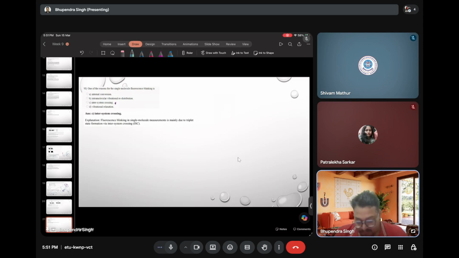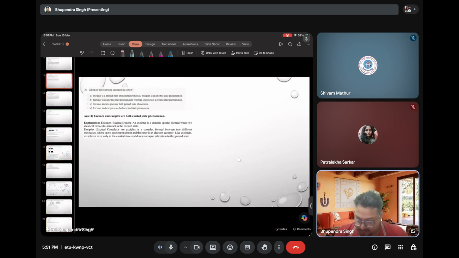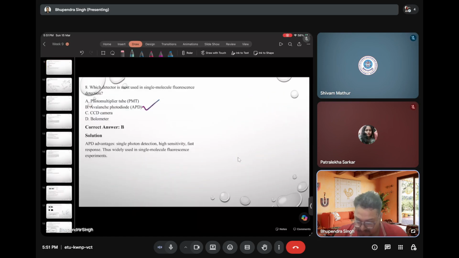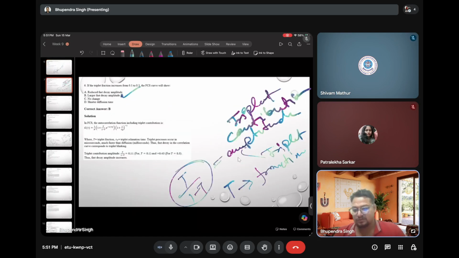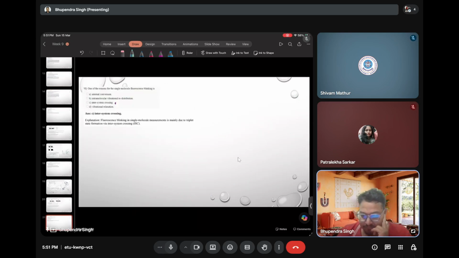In one of the questions I was calculating the amplitude of the triplet contribution, the triplet formation and triplet relaxation time. This blinking comes from the triplet formation, from singlet to triplet, so it happens because of intersystem crossing. That is the answer.